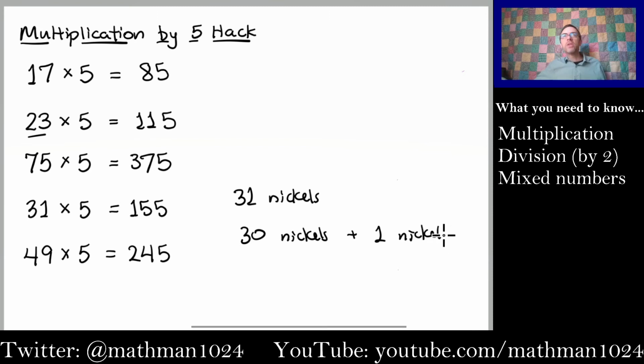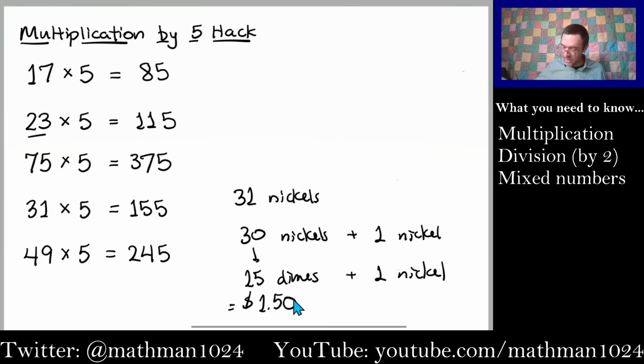And then I start thinking about how many dimes that is, how much money that is. So 30 nickels is 15 dimes, plus this one nickel. How much is 15 dimes? 15 dimes is $1.50, plus your nickel. And so altogether that gives you $1.55, or, to connect it with what we have in this problem, 155.